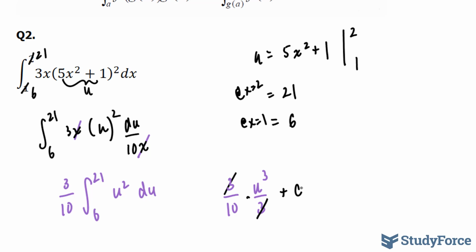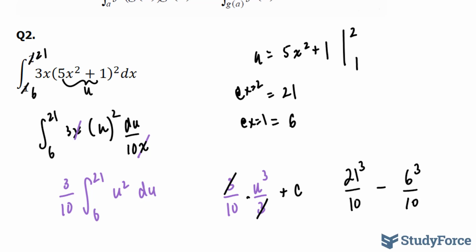Now what we'll do is evaluate this at 6 and 21. Notice that I'm not going to change the u back into my x. Let's do that. 21 to the power of 3 over 10. That's using the upper limit. Now using the lower limit, we have 6 to the power of 3 over 10.